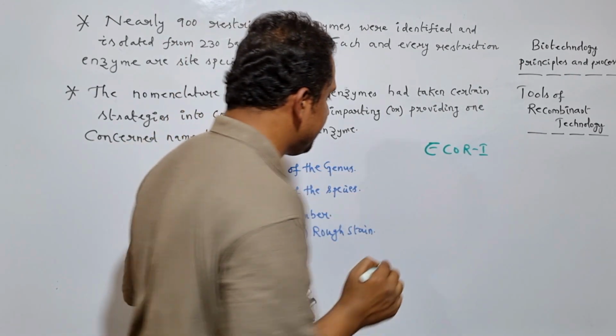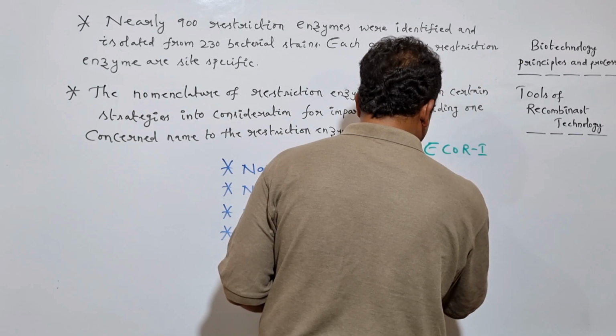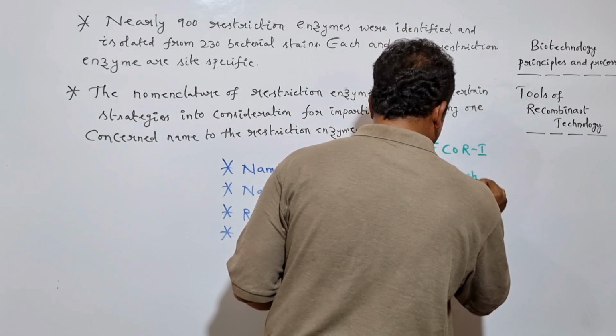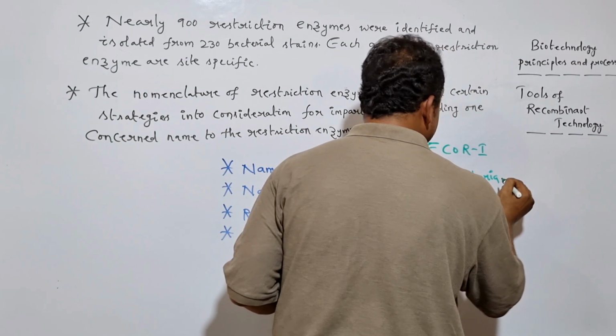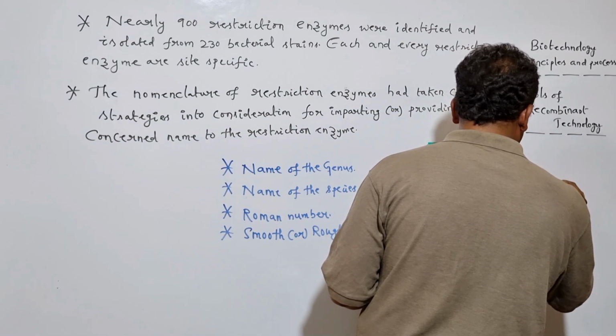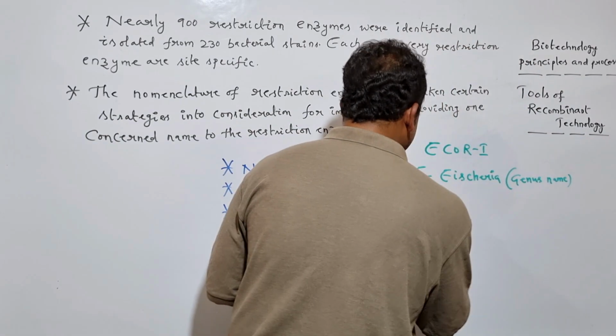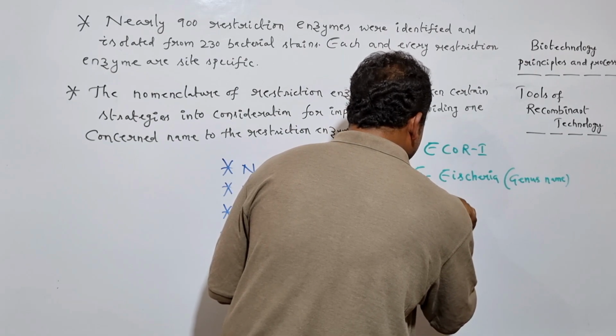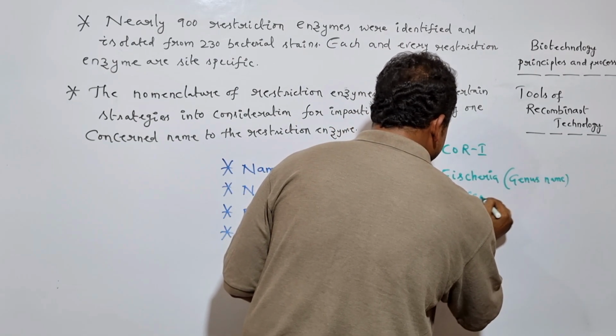Is it clear? Escherichia, which is nothing but the genus name. And here co stands for coli, which is nothing but the species name.